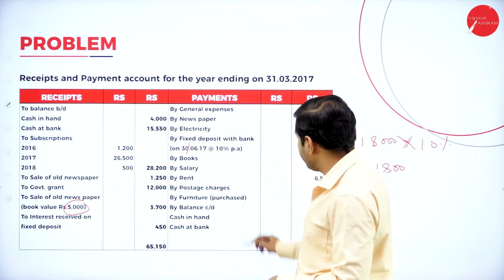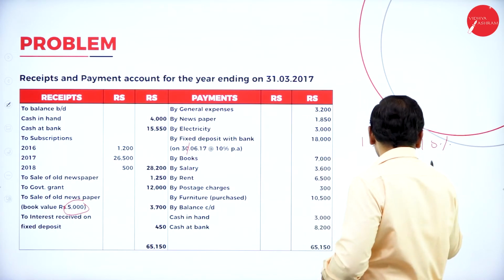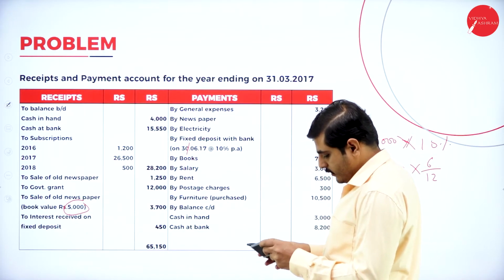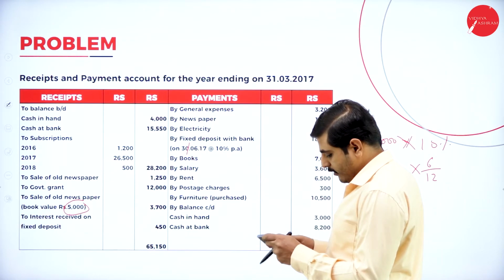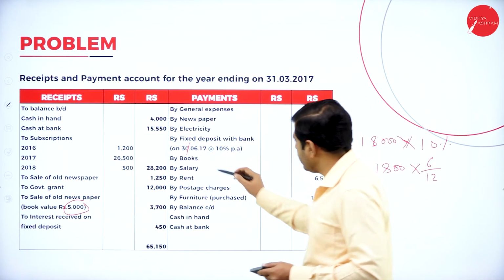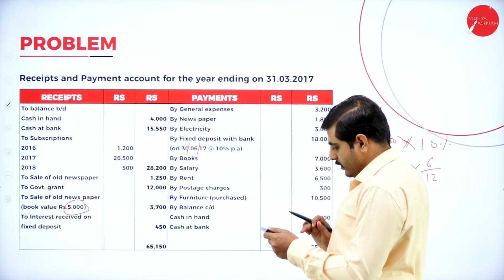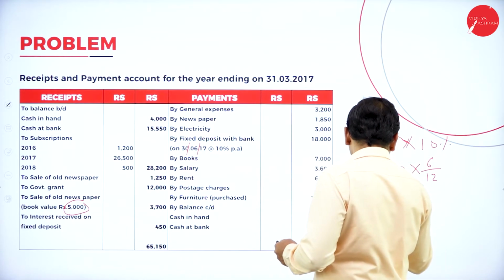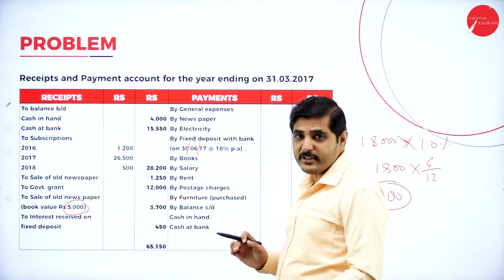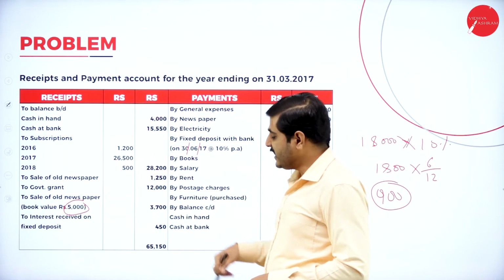So we should calculate 6 months interest: 1,800 into 6 divided by 12. For 12 months it would be 1,800, but we kept the deposit only after 6 months, so for the remaining 6 months the interest equals 900. So 900 rupees we should receive. How much have we received? Only 450 rupees. That means half of the amount we have received. Remaining half is due. Interest on fixed deposit is due.